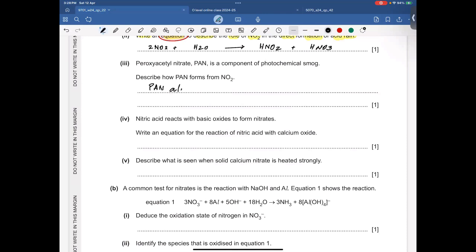PAN is always formed when unburnt hydrocarbons react with nitrogen dioxide.